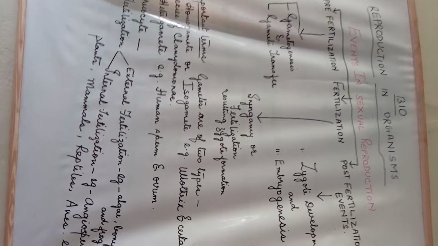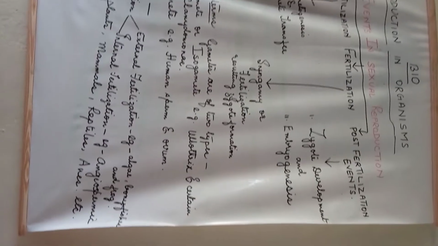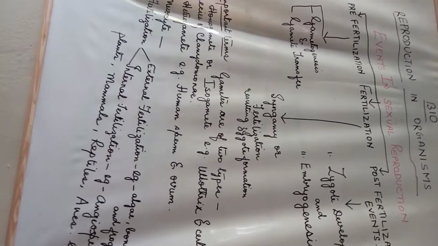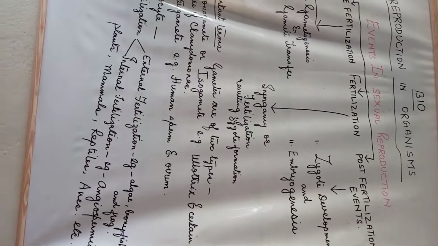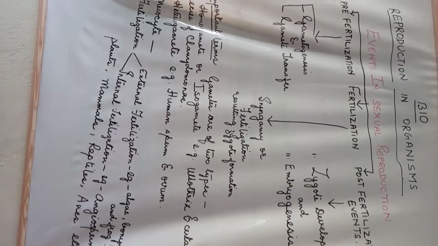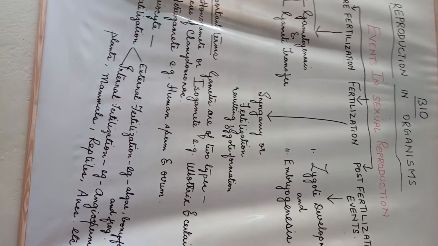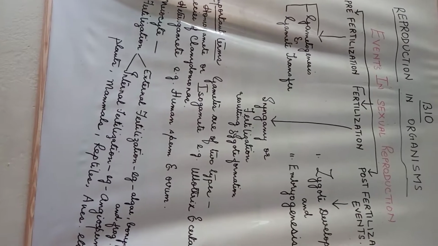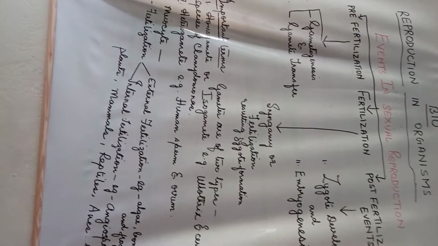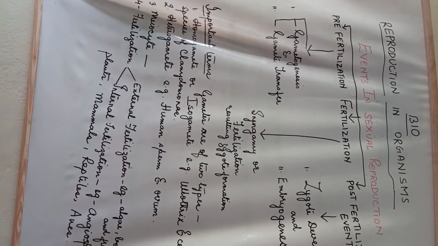Now, transfer of gametes. Once the gametes are formed, the male and female gametes must be physically brought together to facilitate their fusion or fertilization. In algae and a few fungi, both the fusing gametes are motile and are liberated in the water.